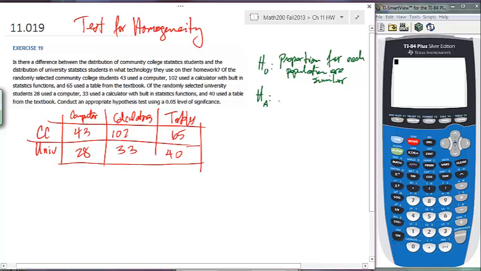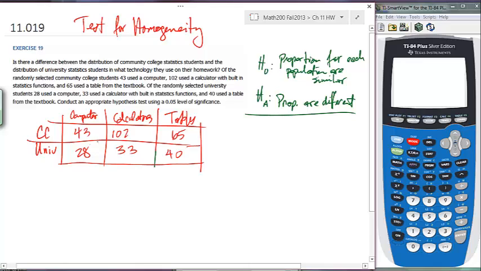And then for the alternative hypothesis, the proportions are different. So this is your statement, your hypotheses, and then from here we go through the same process.